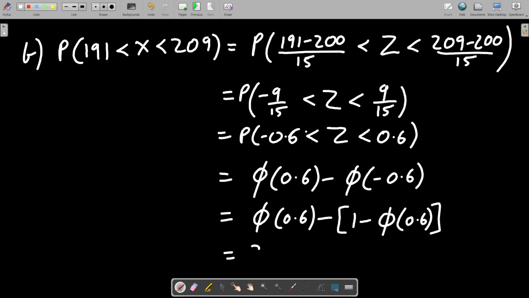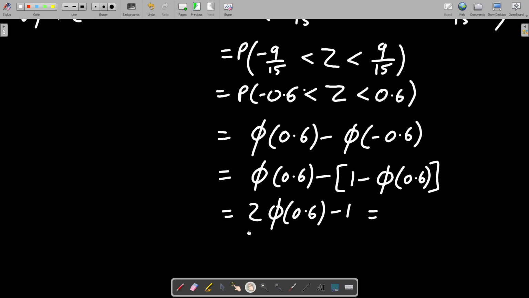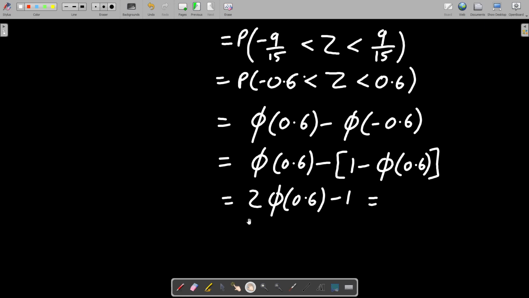So this becomes 2 times phi of 0.6 minus 1. So I need to find out what is going to be the phi of 0.6, and then 2 times that minus 1.